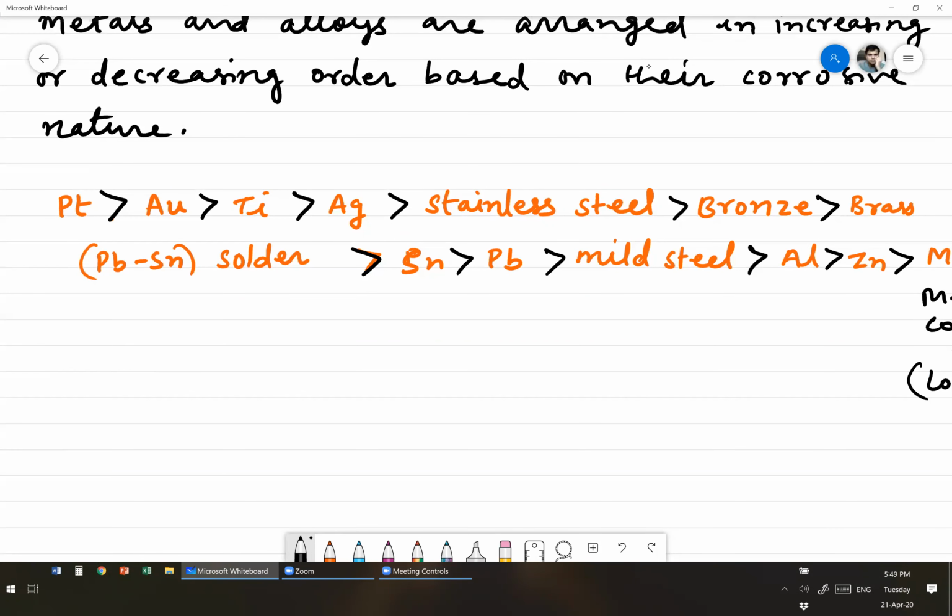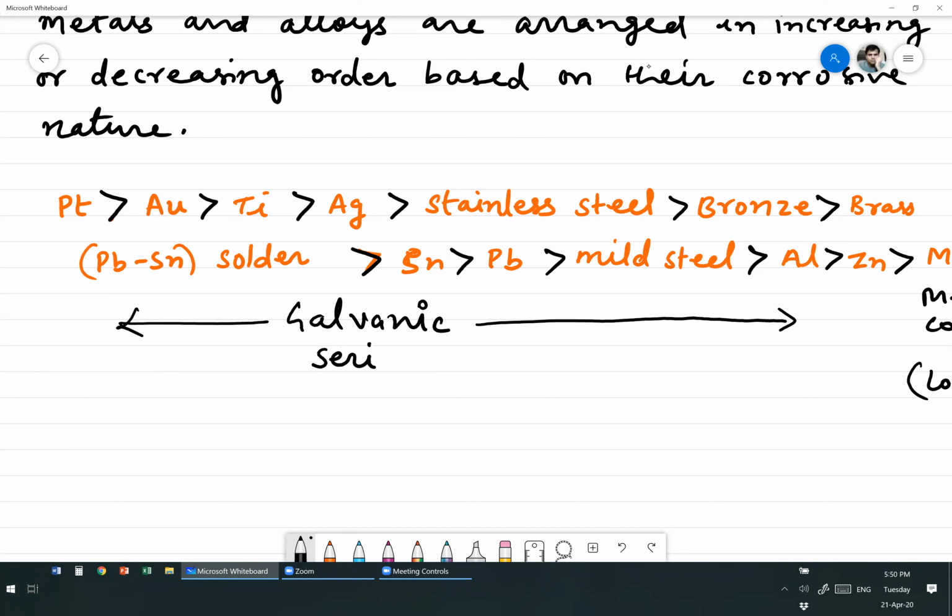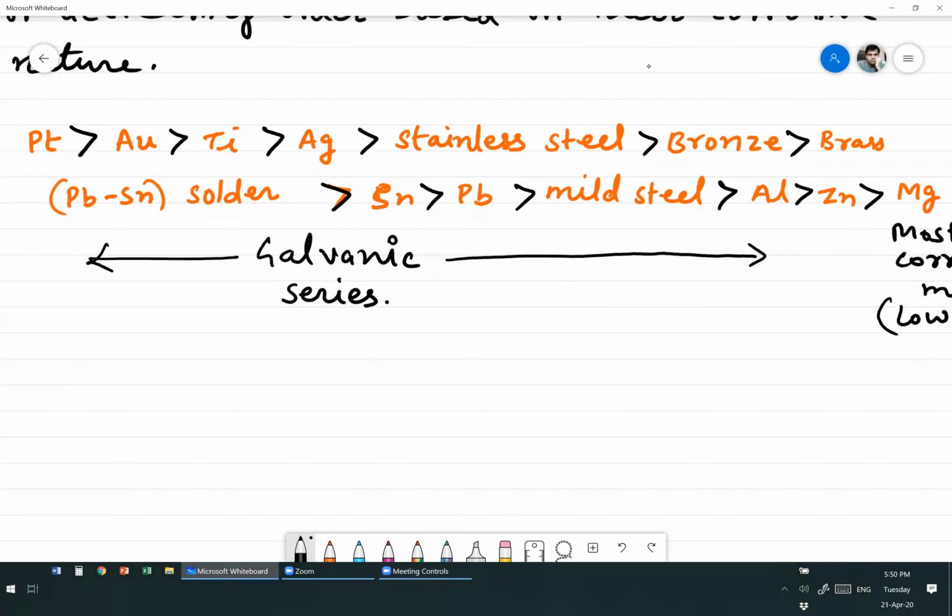This is all called the galvanic series, which tells about the actual corrosive nature of the metals. Their corrosive nature is measured using a common corrosive medium, that is seawater.